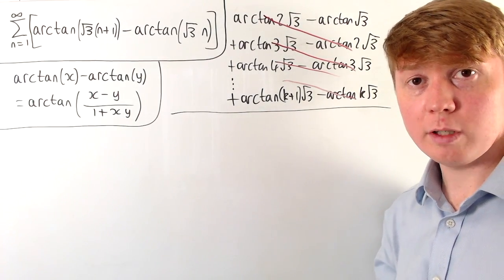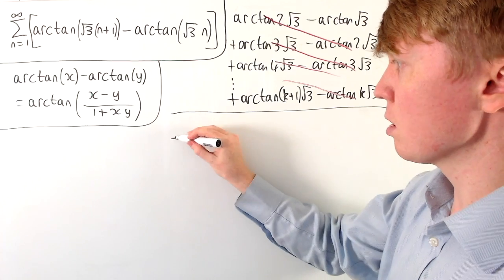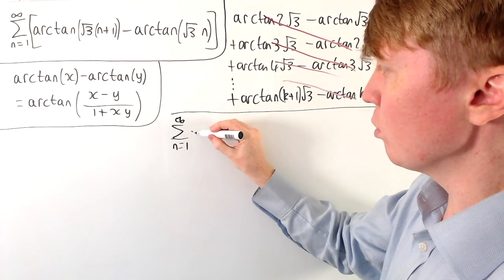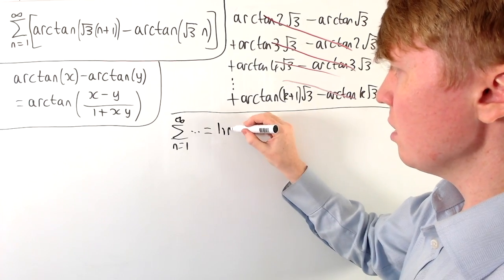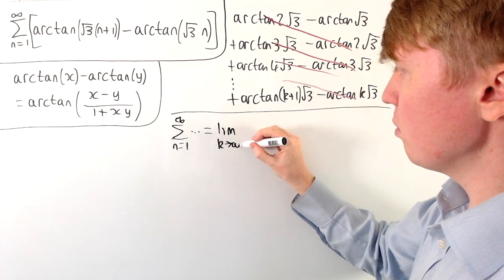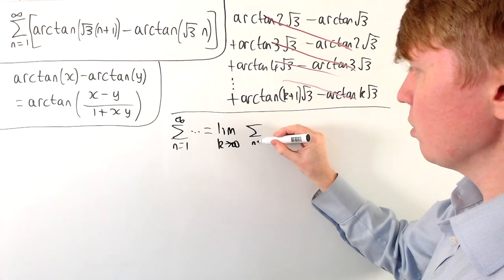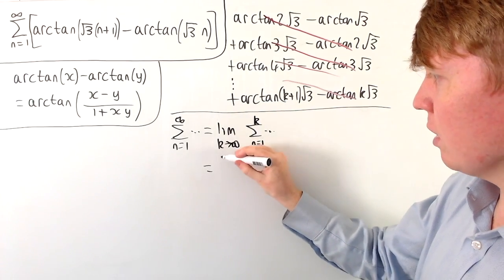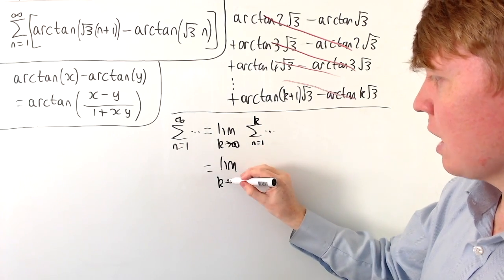And this helps us to evaluate our infinite sum now, because we essentially just define our infinite sum, so the sum from n equals 1 up to infinity, as the limit as k goes to infinity of the partial sum from n equals 1 up to k. So then we can write this as the limit as k goes to infinity.